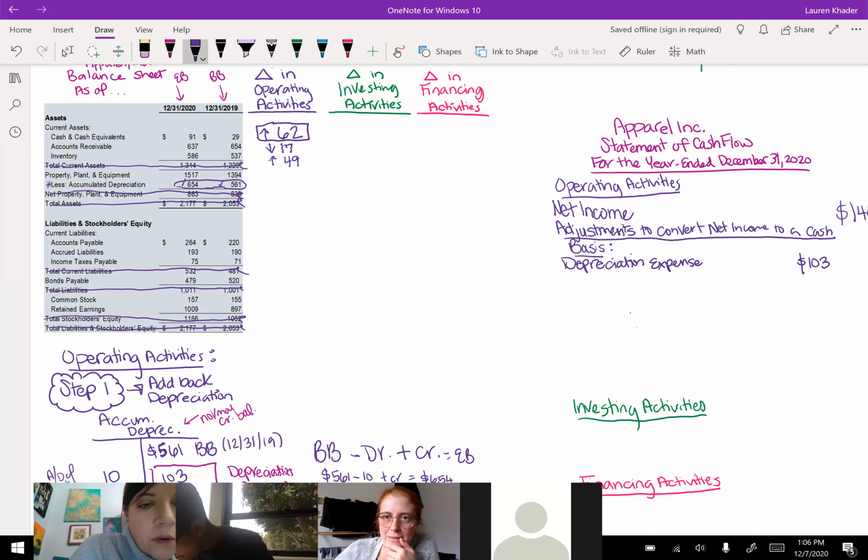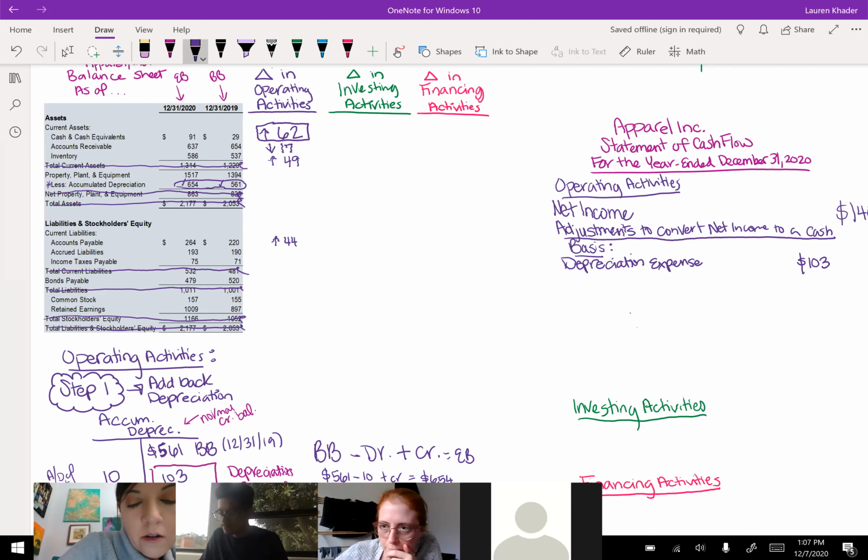Current liabilities, we have 3 accounts. Accounts payable went from 220 to 264, an increase of 44. Accrued liabilities went from 190 to 193, an increase of 3.